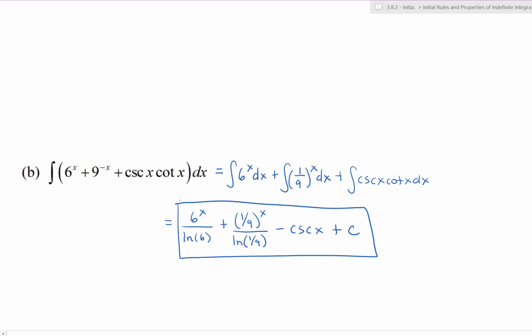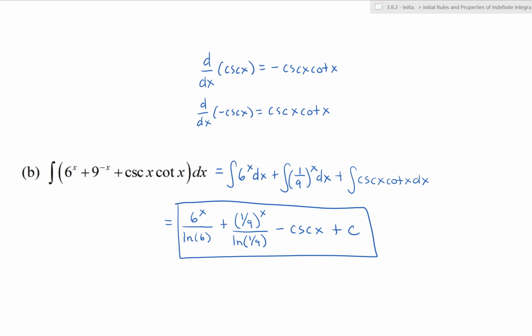And so you think again, okay, well, we know the derivative with respect to x of the cosecant function is going to be equal to the negative of cosecant of x times the cotangent of x. So if I have the derivative with respect to x of a negative cosecant of x function, this would be negative negative of that result, giving us a positive cosecant of x times cotangent of x. And hence, we get our family of curves once again.